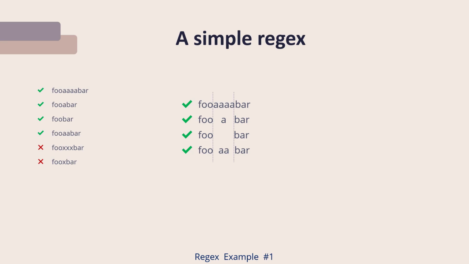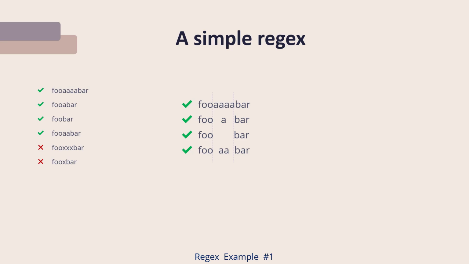The middle section is a variable section. Here is where we need to bring in the pattern matching. We have 4 A's in the first string, 1 A in the second, 0 A's in the third, and 2 A's in the fourth.